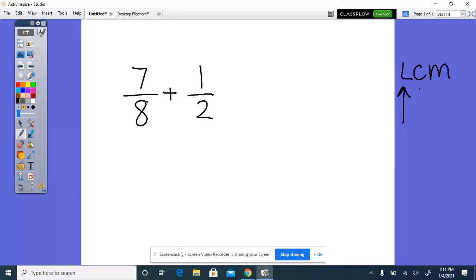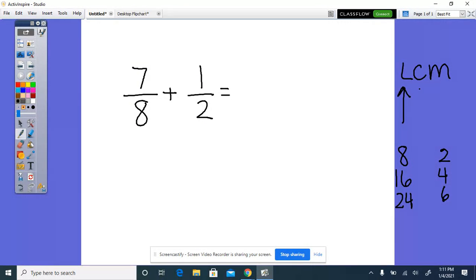So, what is the smallest number that both 8 and 2 go into? Don't say 2 because 8 does not go into 2. Both 8 and 2 have to go into this number. If you're not sure, a good strategy is to write out your multiples on the side. So you have 8, 16, 24. Write out your multiples for 2. 2, 4, 6.